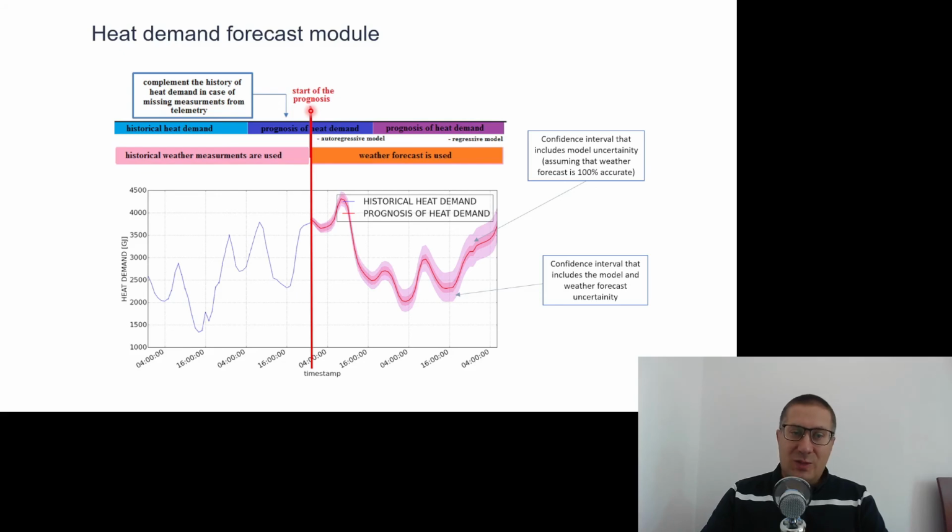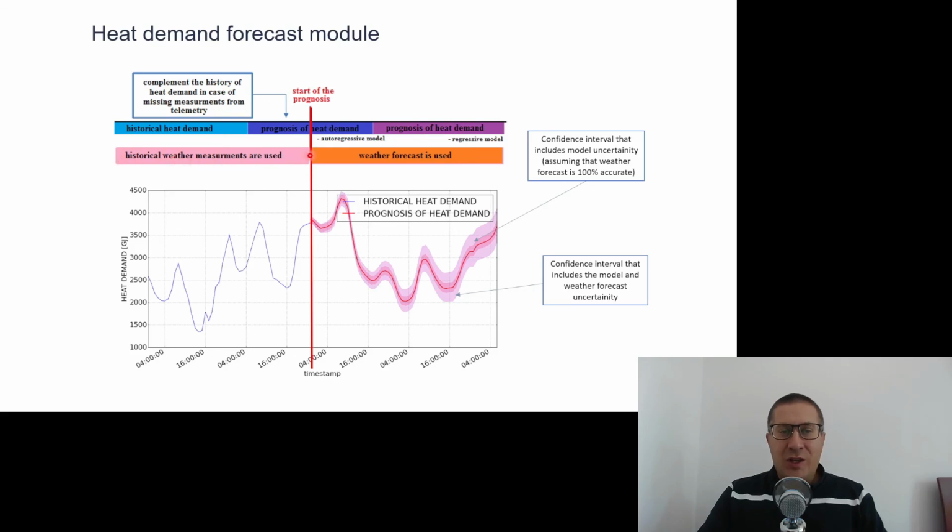So in fact, this forecast starts at the last recorded value of the historical heat demand. And we have to simulate what the historical heat demand was up till now and what it would be in the future, right?